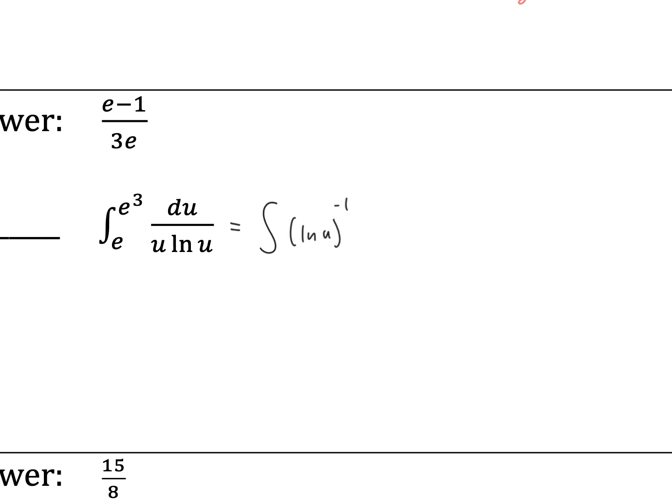We could write it like that, but maybe it's better to just write it as 1 over ln u, and then we could do this times 1 over u, and then du, like that.